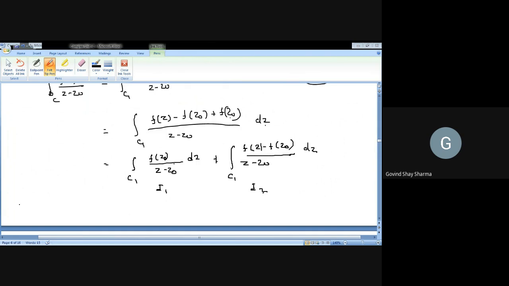In I1, the curve is a circle, so z minus z0 will be r e to the power iota theta, and z is z0 plus r e to the power iota theta. This implies dz is equal to iota r e to the power iota theta d theta.